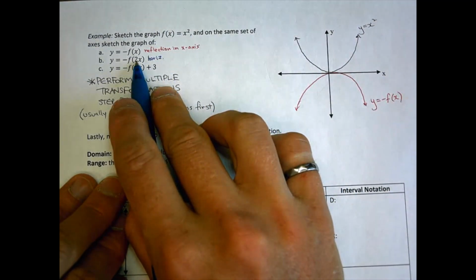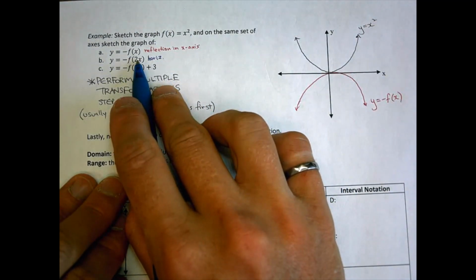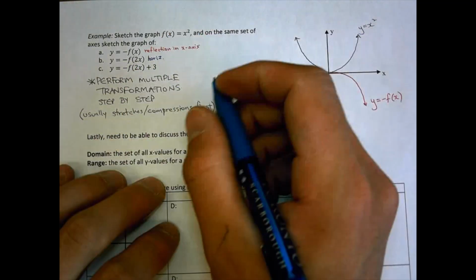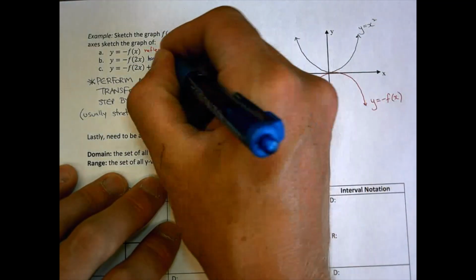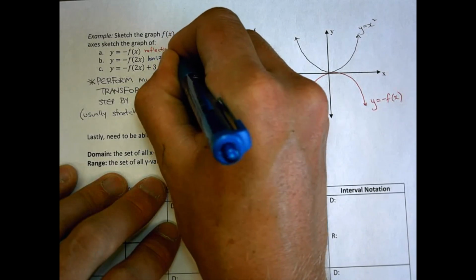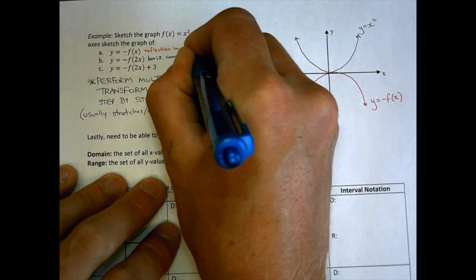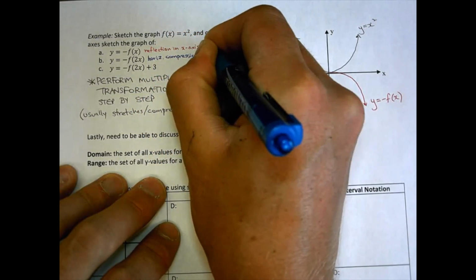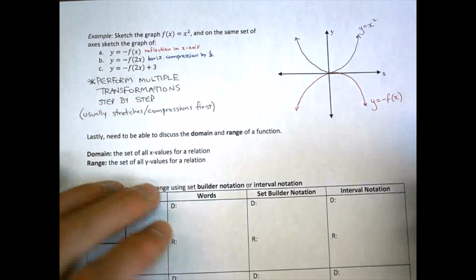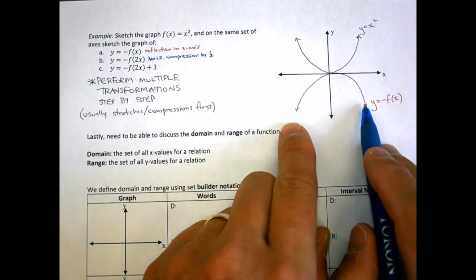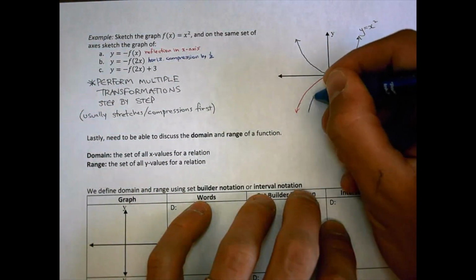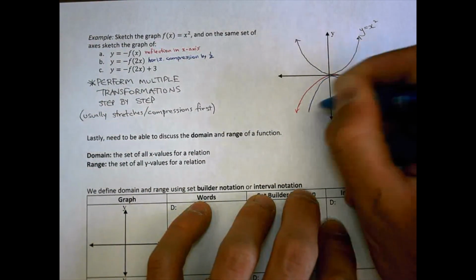Well, remember for horizontal it's reversed. If I put in a big number, it's actually compressing. So this is a horizontal compression by 1 over that number, in half. So I'm going to take what I have now, my red one, the negative f(x), and I'm going to compress it in half. So it's going to be something like that.